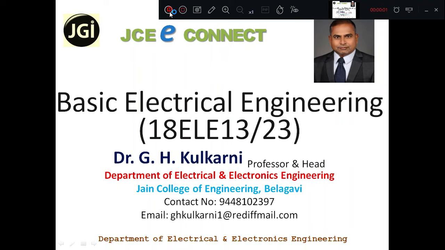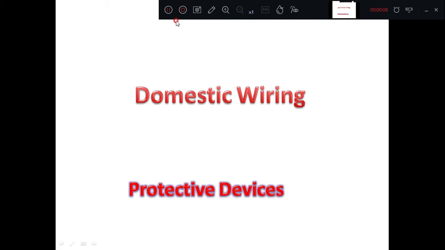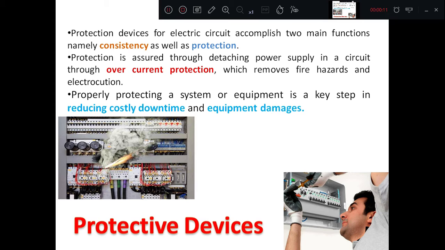Dear students, today we'll study the protective devices used in an electrical system. The protective devices are necessary to protect electrical appliances or equipment against the different possibilities of short circuit or overloading of equipment, abnormal variations of the supply voltage, and also to protect the operator or human beings against accidental contact.